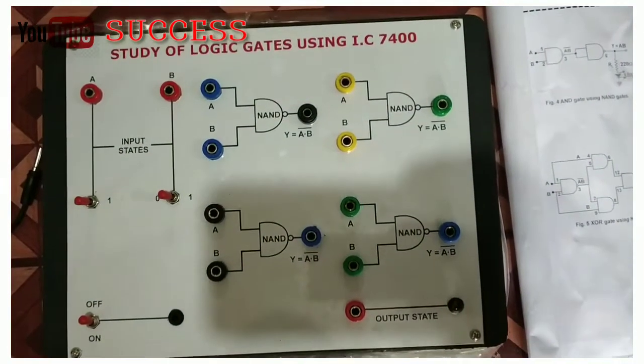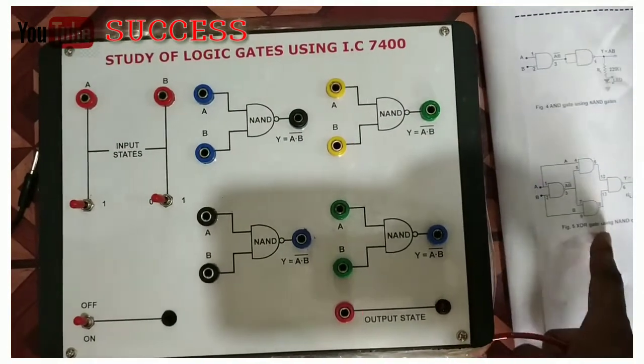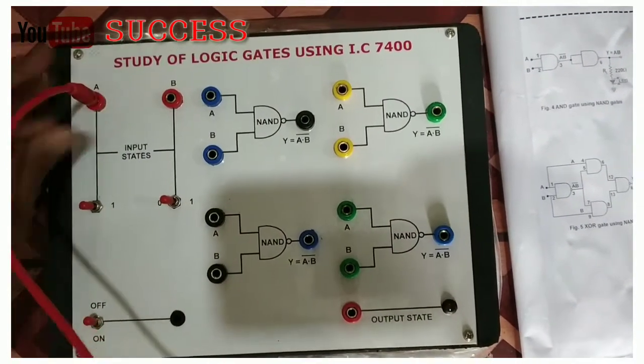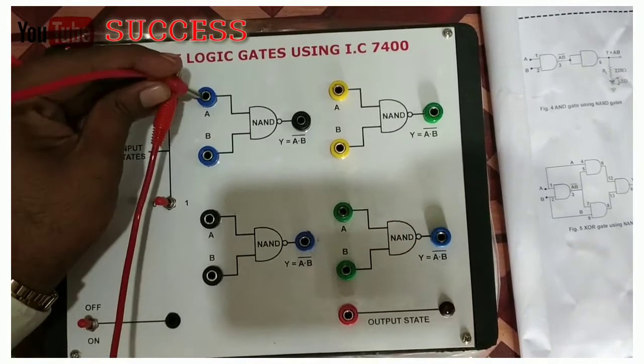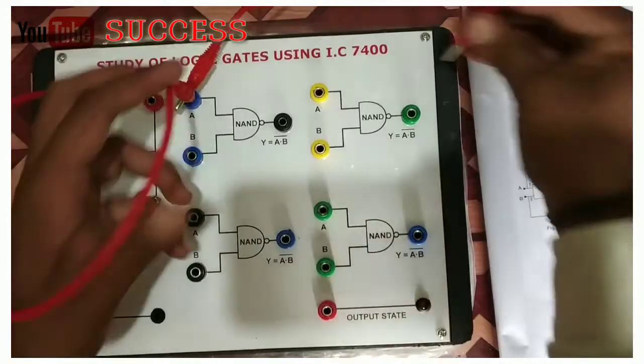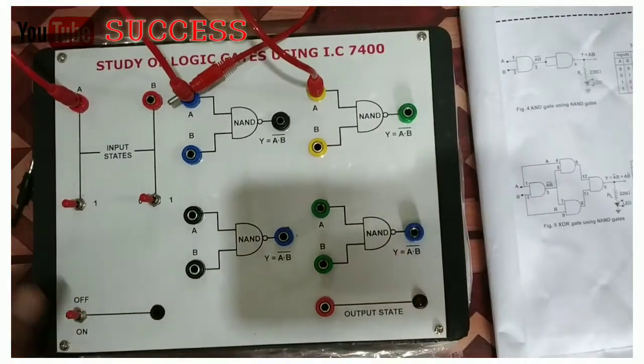Now we have to verify the XOR gate by using the NAND gates. Connect input A to the NAND gate input A, and connect that input to the other input of the NAND gate.